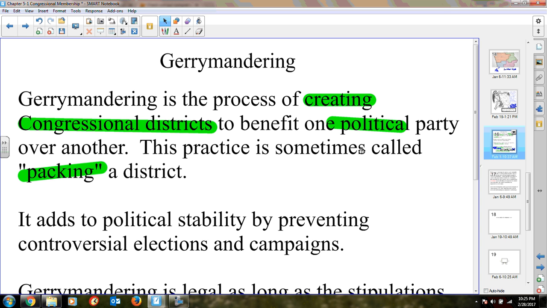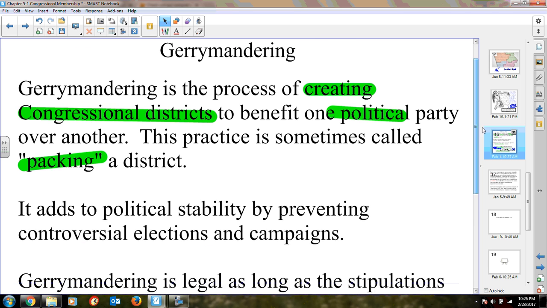Gerrymandering is the process that you use as a state legislator to create congressional districts, but at the same time, you want to favor one political party over the other. Sometimes it's called packing. We know that Northwest Iowa is predominantly Republican, and so we try to put those counties that are predominantly Republican together.